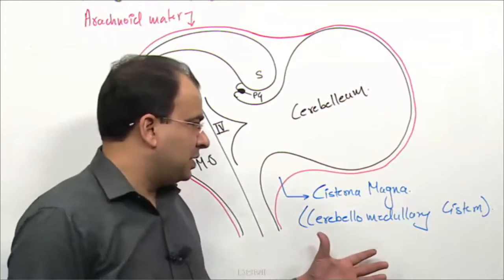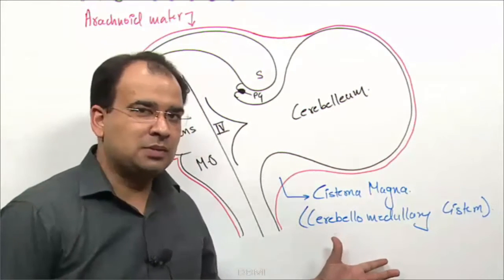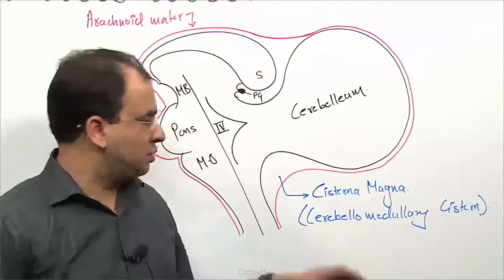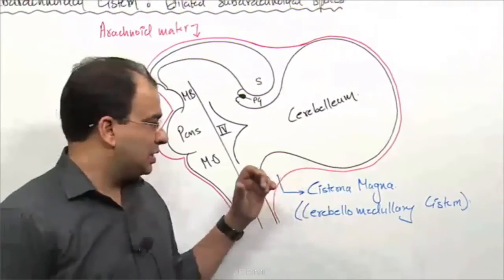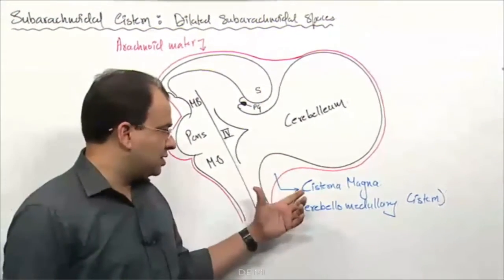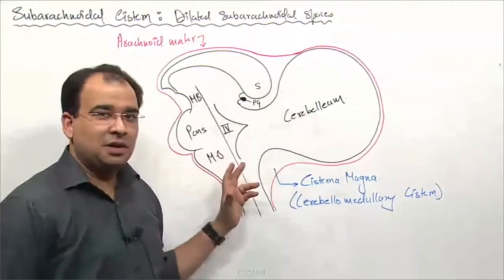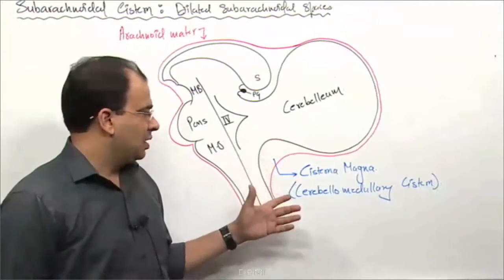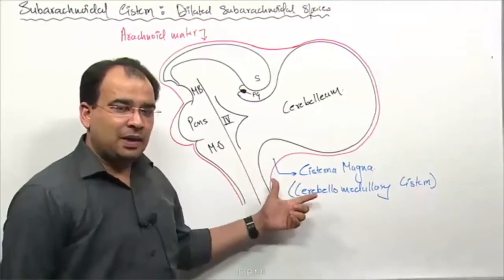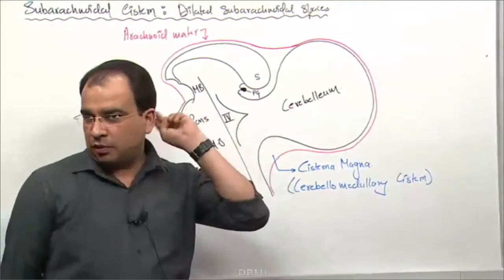If for some reason lumbar puncture is not possible, then we'll go for the cisternal puncture from the cisterna magna. Now cisterna magna is used for the cisternal puncture rather than any other cistern inside the cranial cavity for two reasons. One, it is easily approachable from the foramen magnum.